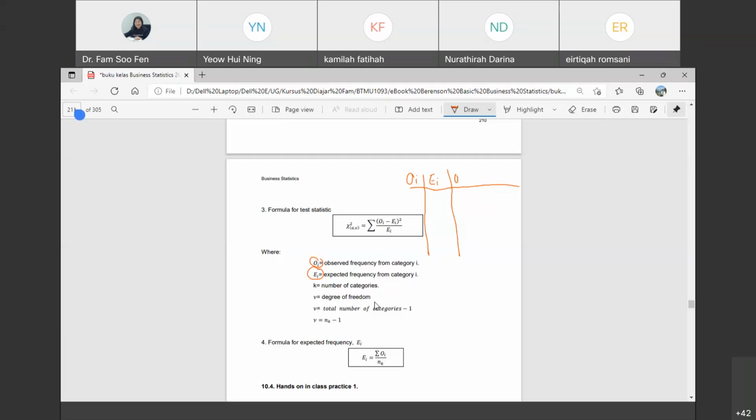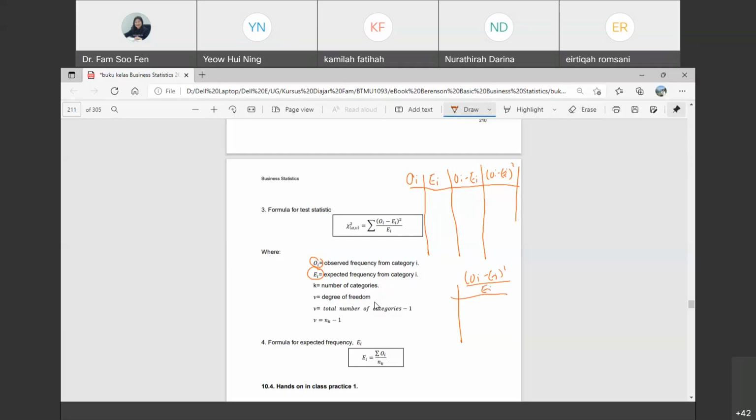If you want, we can have another column: OI minus EI squared. Then following is EI. So you have another column behind: OI minus EI squared divided by EI.